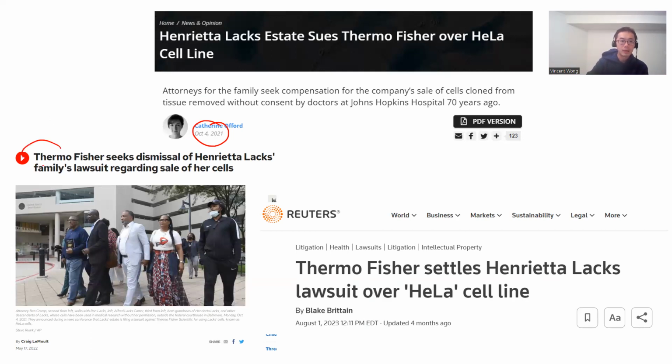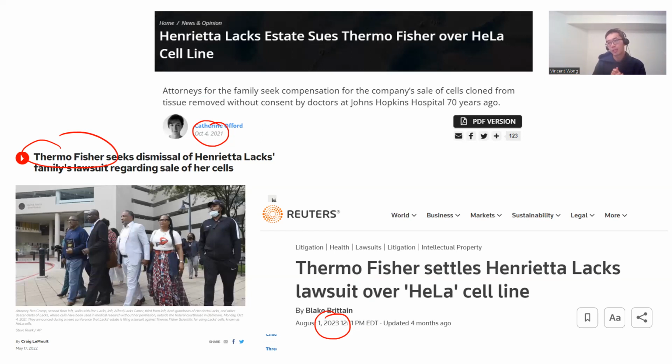So the company tried to file their own lawsuit to dismiss the case, and then finally, in 2023, last year, they reached a settlement. So basically the family got compensated, but the company didn't admit any wrongdoing, right? That's how usually these things go.